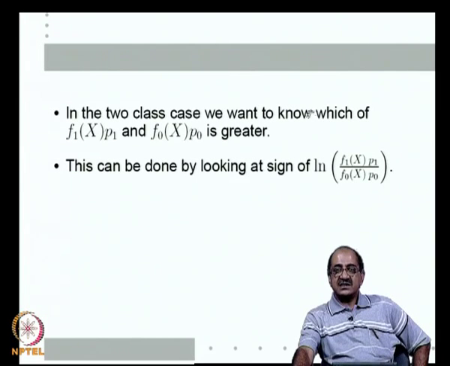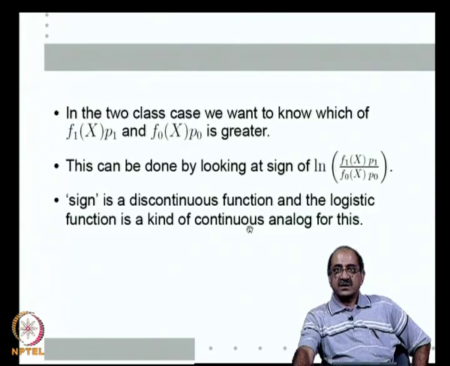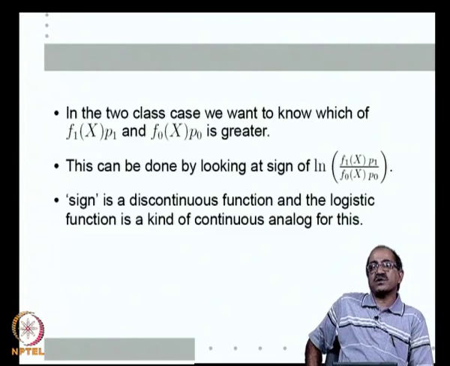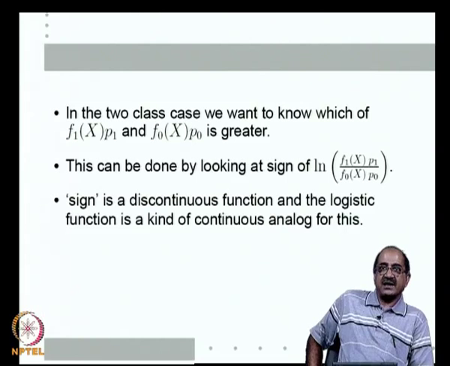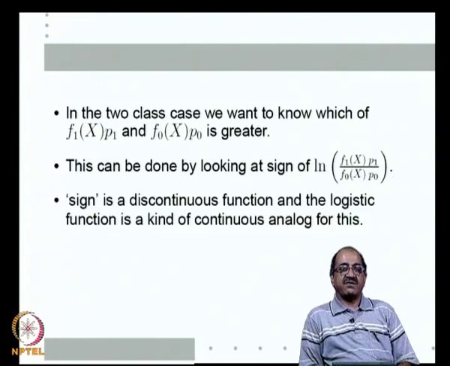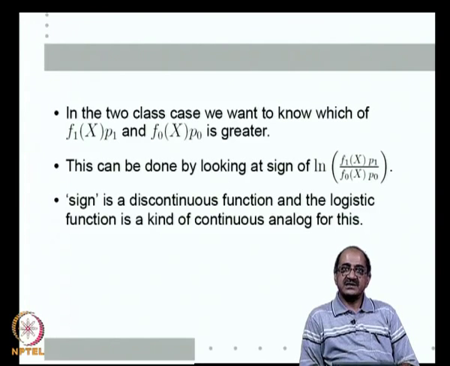But the sign function is discontinuous. We do not want to work with discontinuous functions, and hence we use the logistic function. Essentially, we want the sign of ln of this. We are saying ln of this can be approximated using a linear function, for example, if f1 and f0 are Gaussian with equal covariance matrices.